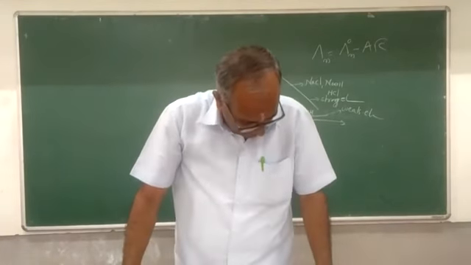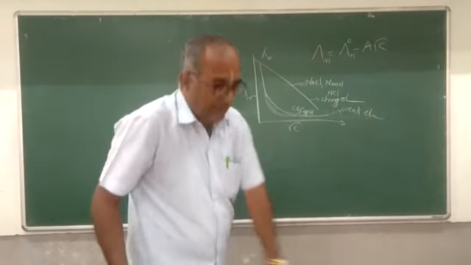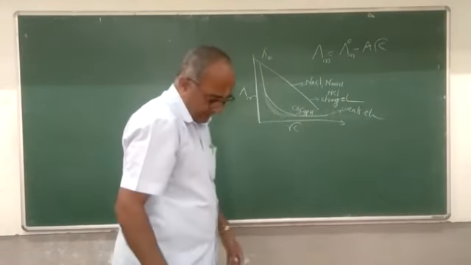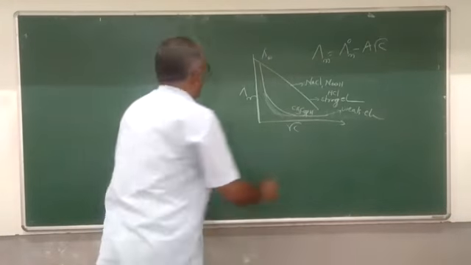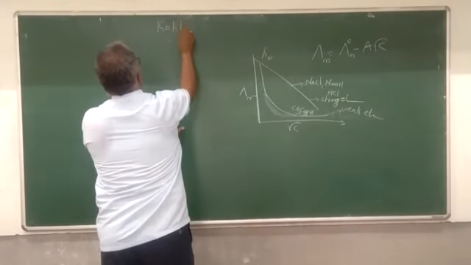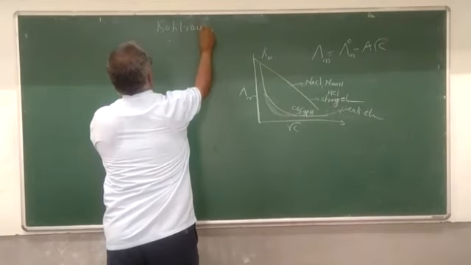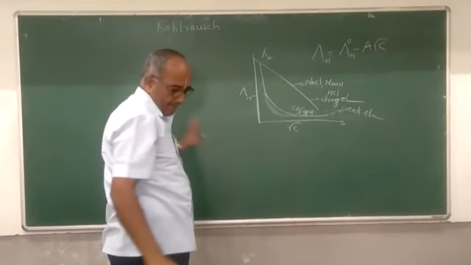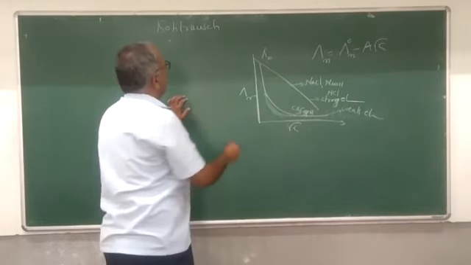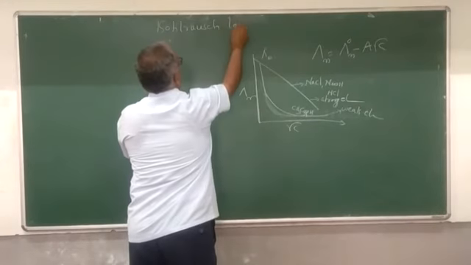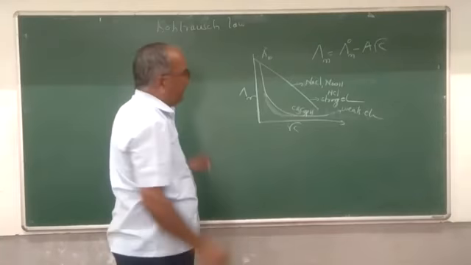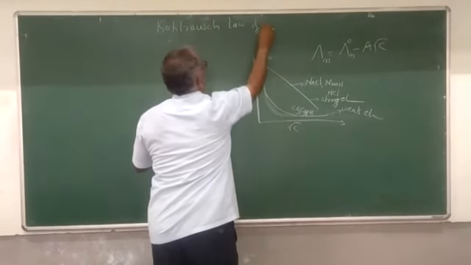Then, to understand another term with respect to strong and weak electrolytes, an eminent scientist called Kohlrausch gave a law, called Kohlrausch law of independent ion migration.